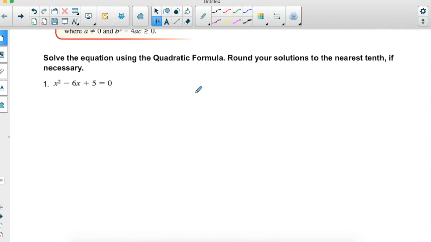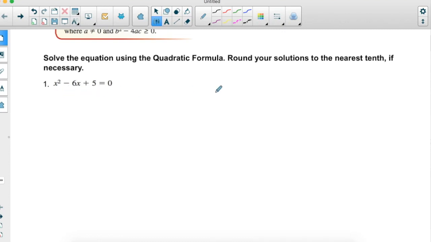In order to use that formula, we need to make sure that your equation is set in standard form. Here in this case, it is in standard form, because remember that standard form means that you have ax squared plus bx plus c.